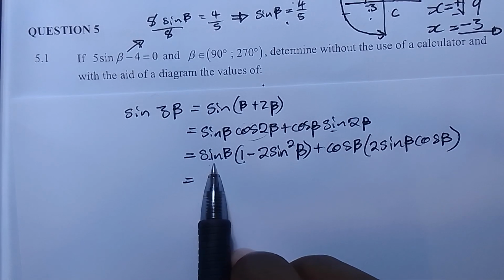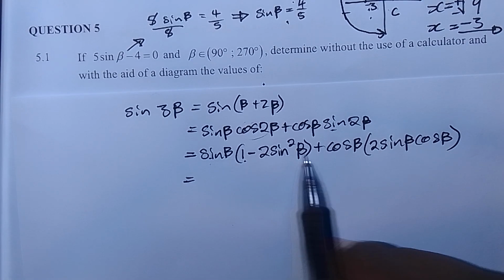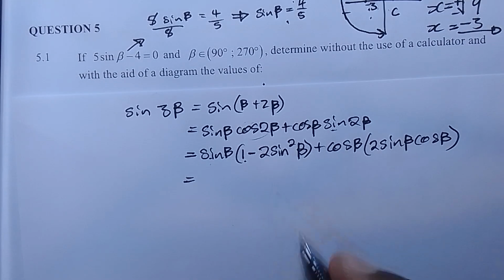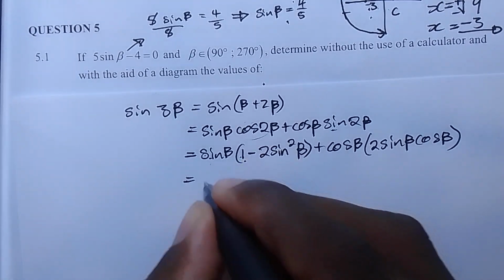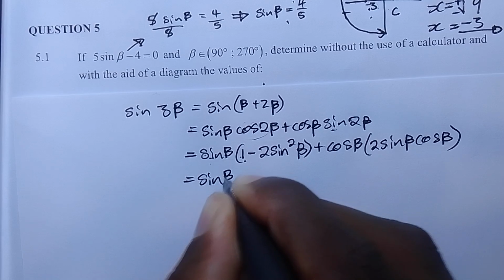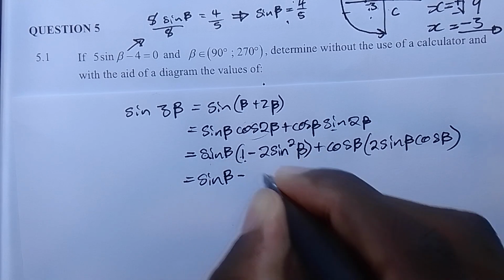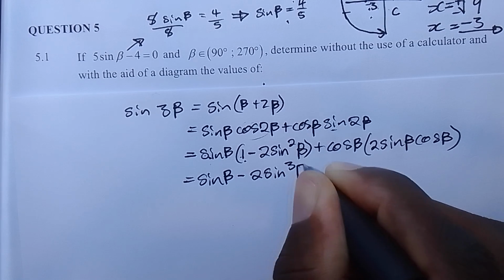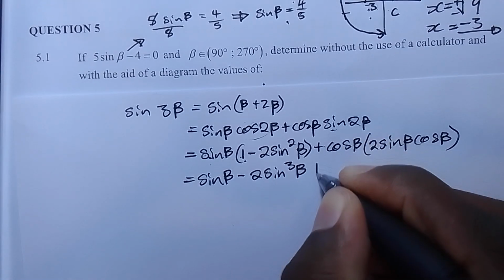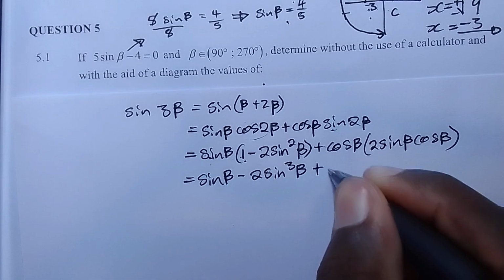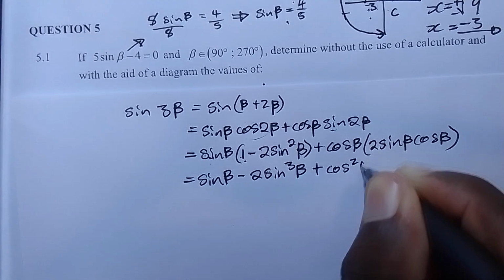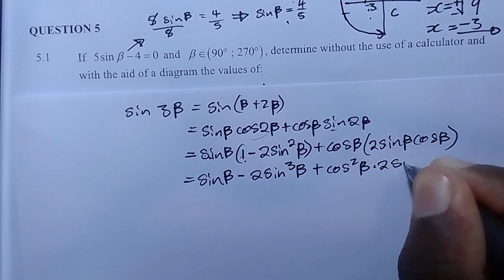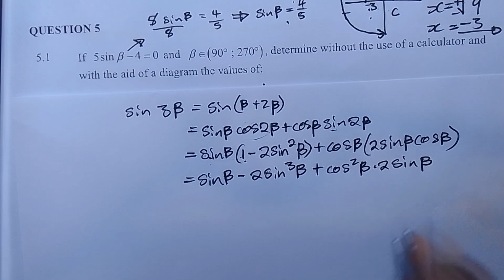You can basically substitute sine beta here, sine beta here, cos beta there. But I'm going to try to simplify it. If you multiply this, you're going to have sine beta minus 2 sine cubed beta plus cos squared beta times 2 sine beta.